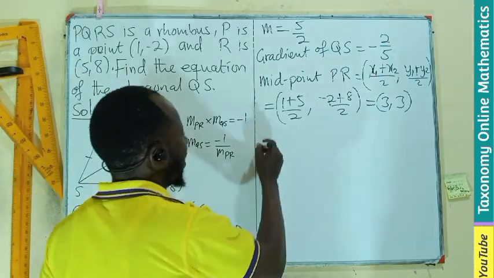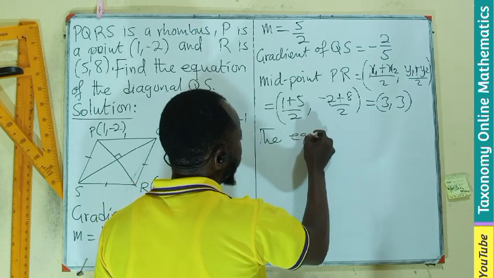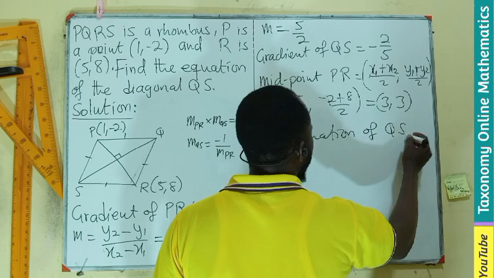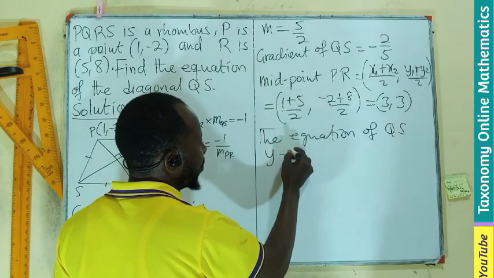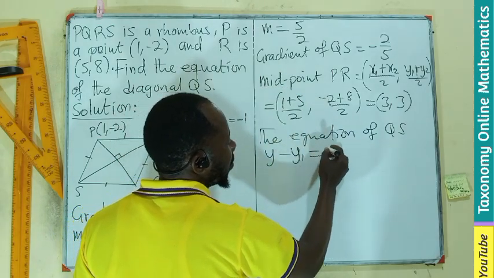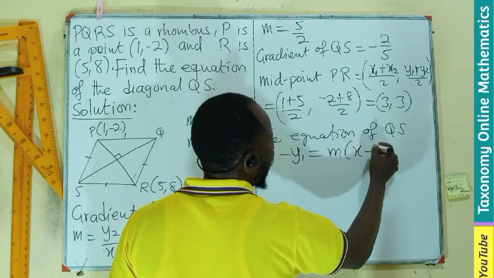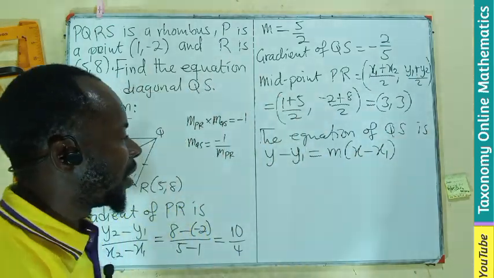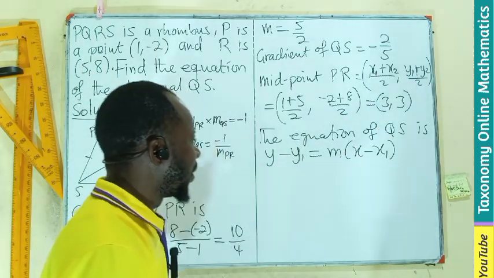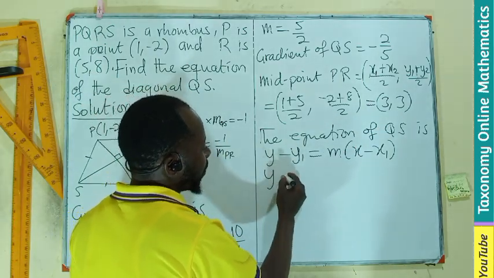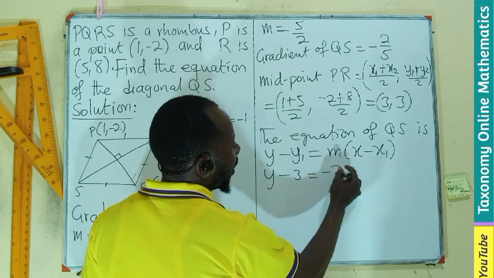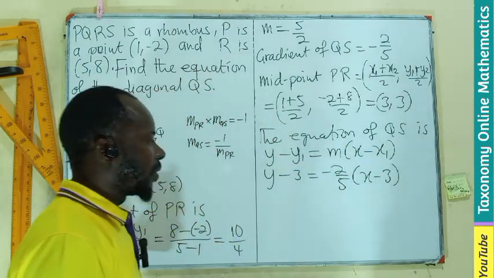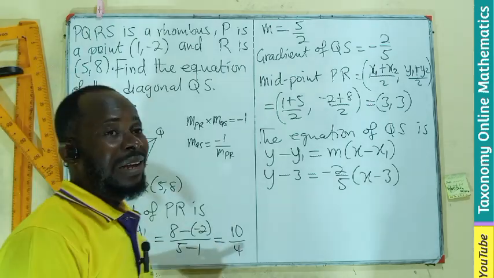So we can say that the equation of QS is going to be y minus y1 equals m times (x minus x1). By substitution, these are the points we have on that line. So we have y minus 3 equals negative 2 on 5, (x minus 3). We want to write this in general form.